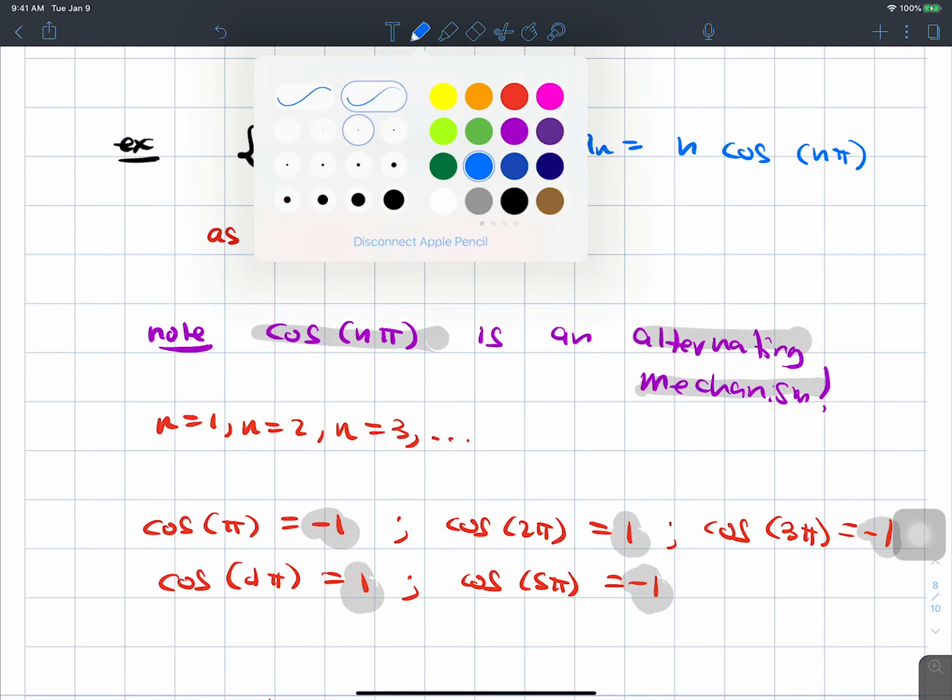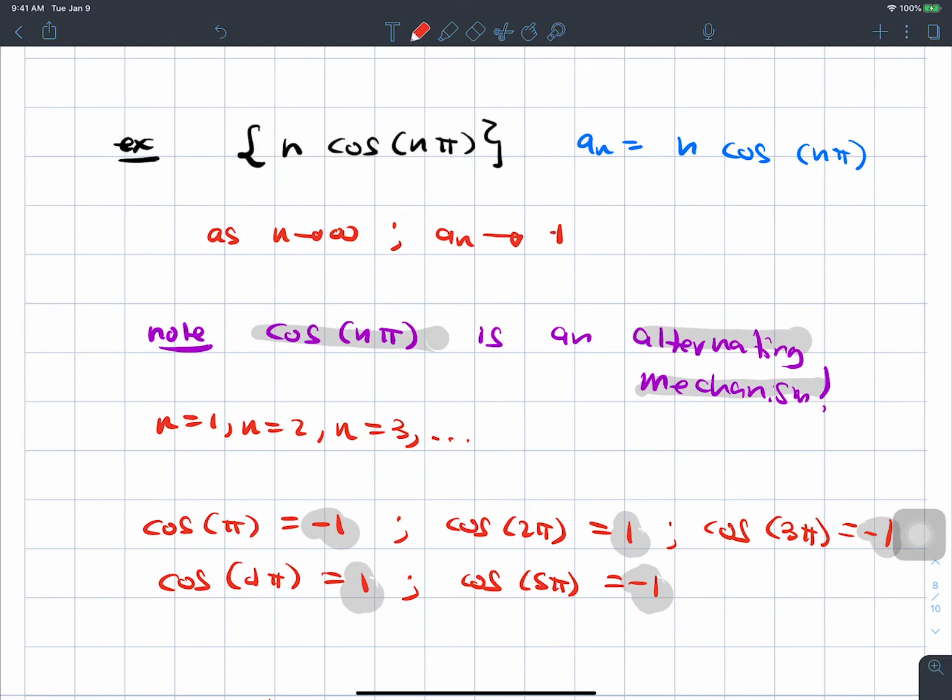And so what this really means is that an goes to plus or minus infinity. It alternates in sign. Now, what we say here is that this diverges. So this is divergent because an goes to plus or minus infinity.